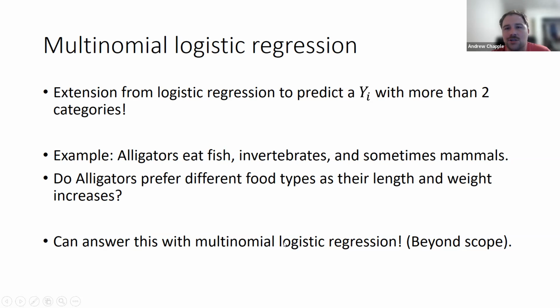Multinomial logistic regression is a good way to do this. If you want to predict cancer stage 1, 2, 3, 4, this is a good way as well. You also might hear of ordinal logistic regression, which is probably more appropriate for ordinal categories like cancer stage 1, 2, 3, 4, but you can do these with multinomial logistic regression. So just be aware of that.